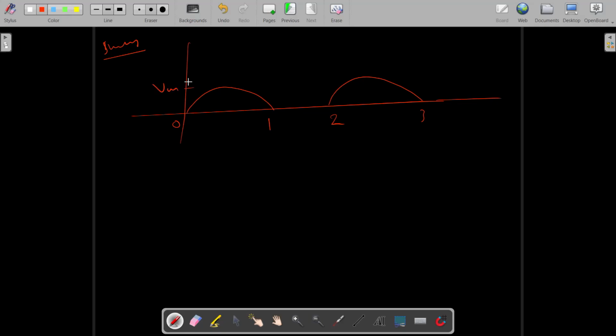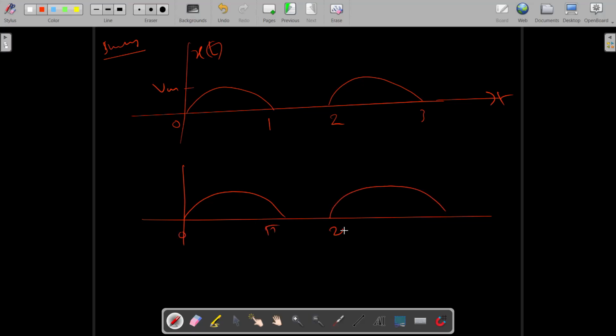Here it is Vm, x of t. And similarly, we have changed this time axis, so the time values are 0, pi, 2 pi, 3 pi, and so on. Okay, so Vm. In both cases we got the same answer.